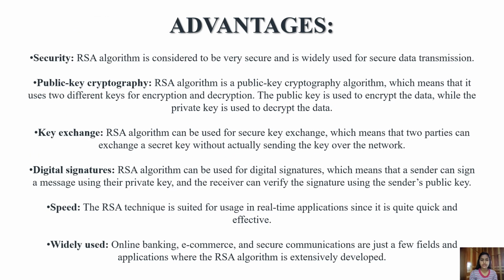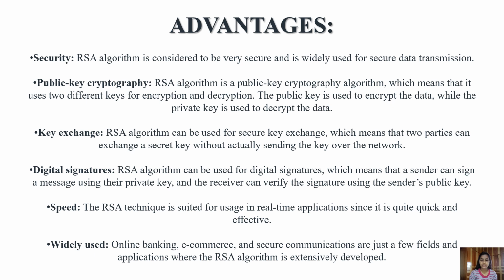Advantages of RSA. Security. RSA algorithm is considered to be very secure and is widely used for secure data transmission. Public key cryptography. RSA algorithm is a public key cryptography algorithm, which means that it uses two different keys for encryption and decryption. The public key is used to encrypt the data, while the private key is used to decrypt the data. Key exchange.